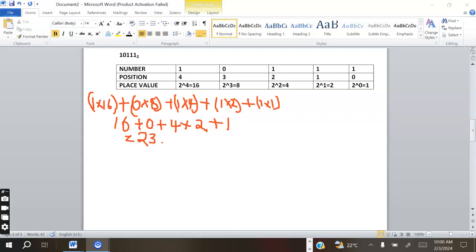Then we write base 10 since this is a decimal number. Therefore, 10111 base 2 is 23 base 10. So that's the working of 10111.